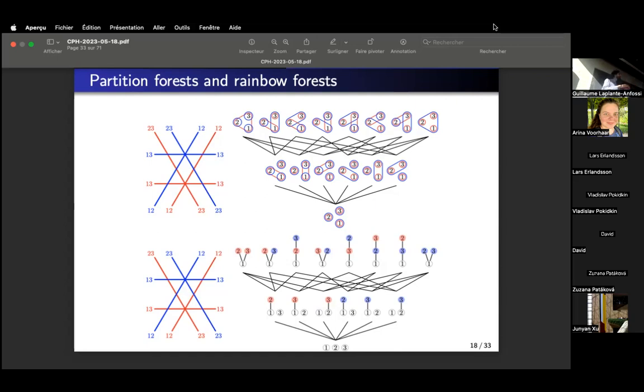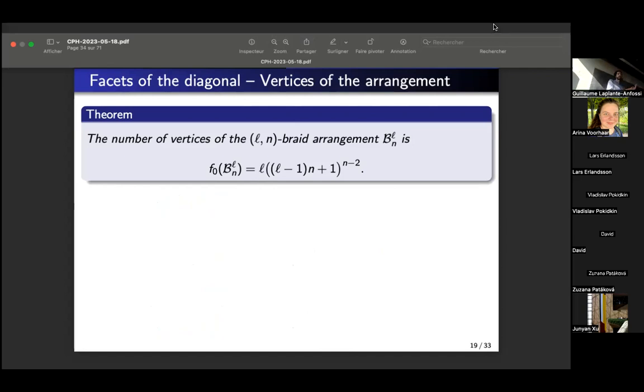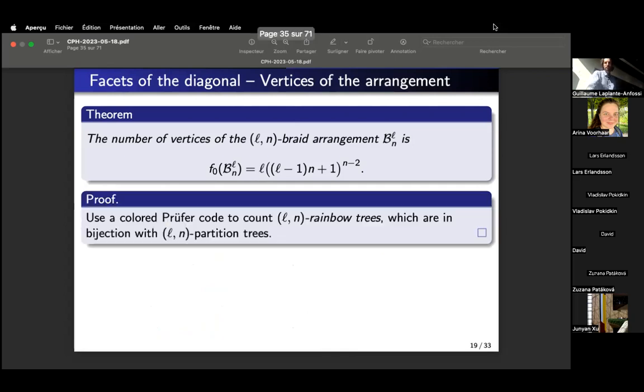And then once you have this translation, you can get some enumerative results quite directly. For instance, if you want to count the vertices of your hyperplane arrangement, which correspond dually to facets of the diagonal, you have this very elegant formula. And the way you prove this formula is to use what is called a Prüfer code to count these rainbow trees.